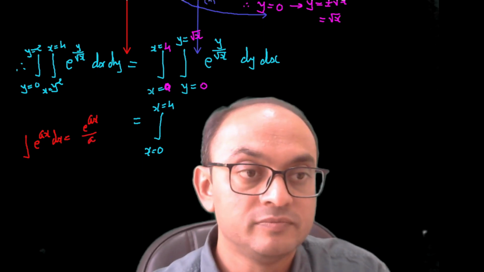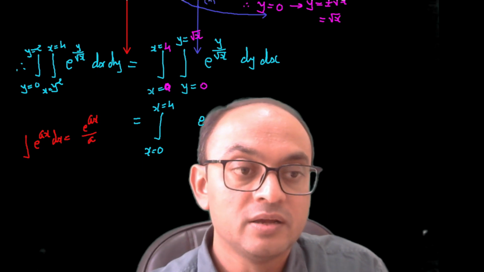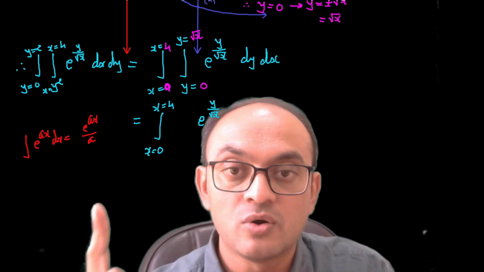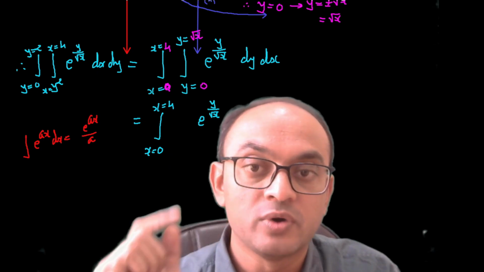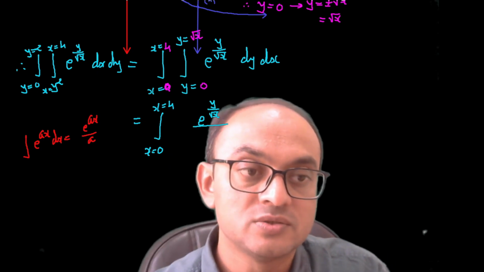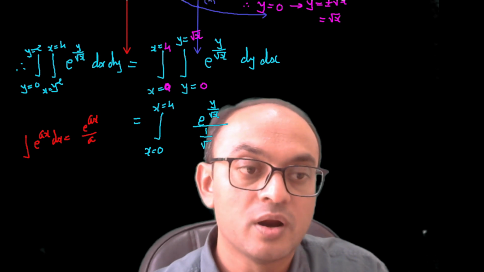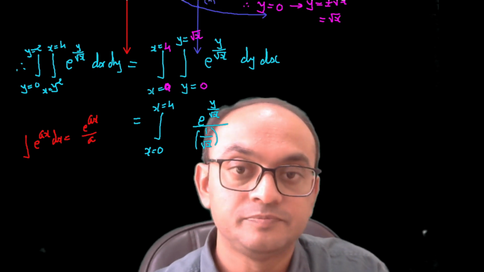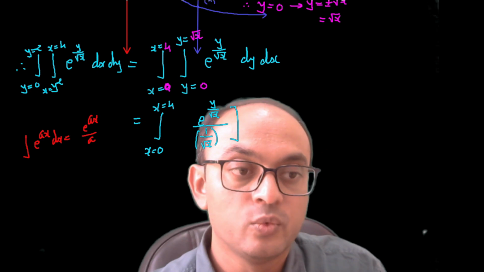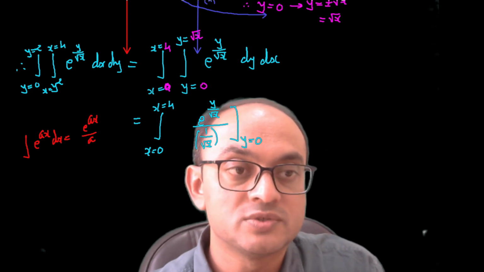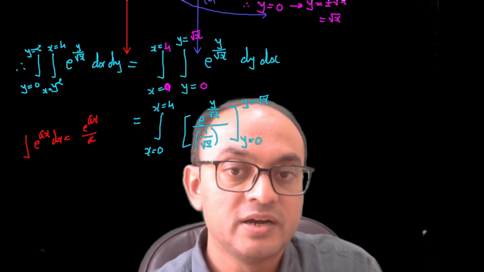So here I integrate this quantity with respect to y. So what is the constant here? 1 upon root x is the constant quantity. So divide by 1 upon root x. Clear? With the limit y is equal to 0 to y is equal to under root x dx.